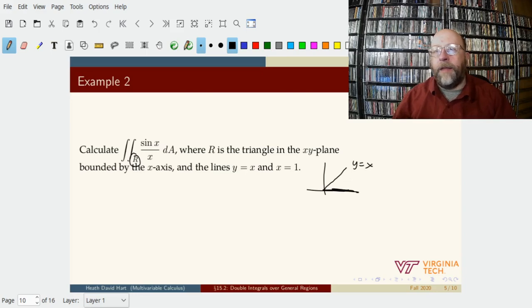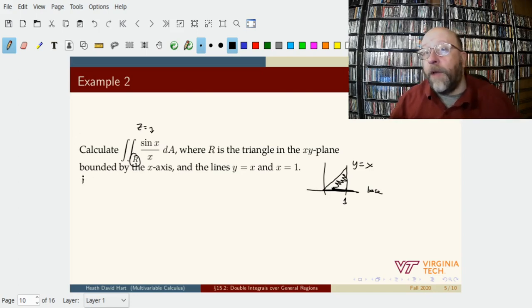And a line x equals 1. And so we're looking at this as our base. And this is the function, the z value, that we're integrating over. Okay?